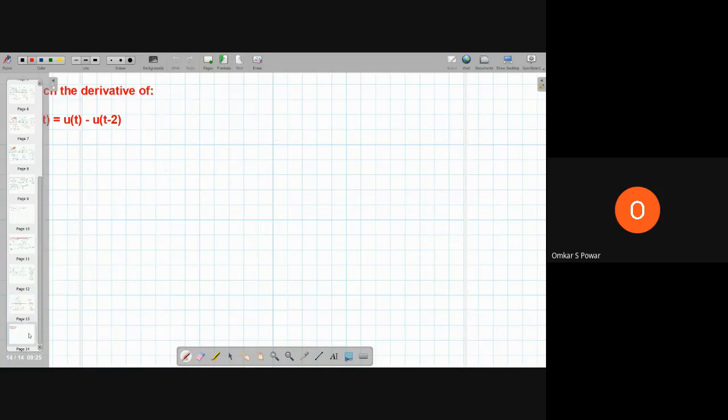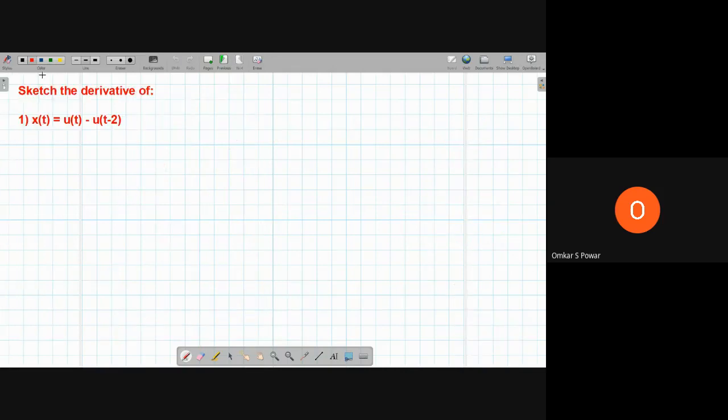Okay, now they will give you to find the derivatives. Sketch the derivatives. If you have gone through my previous videos, what is the derivative of unit step function? Delta. What is the derivative of the ramp? It is unit step.